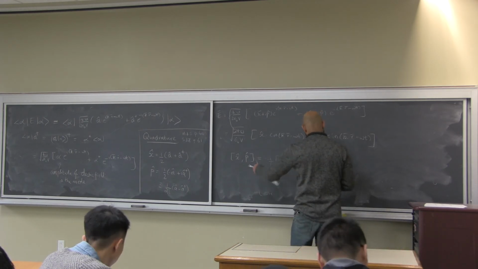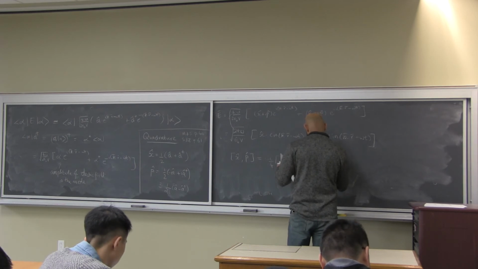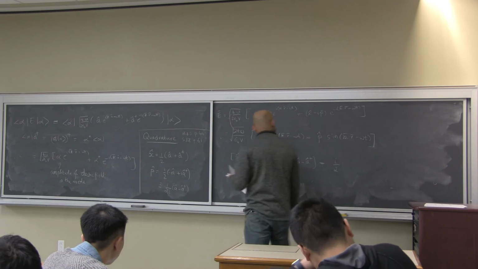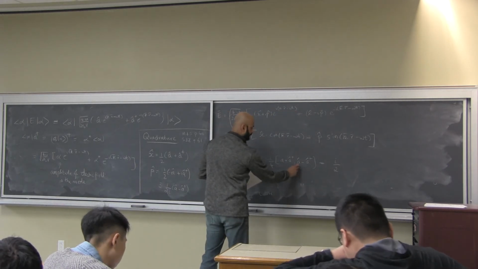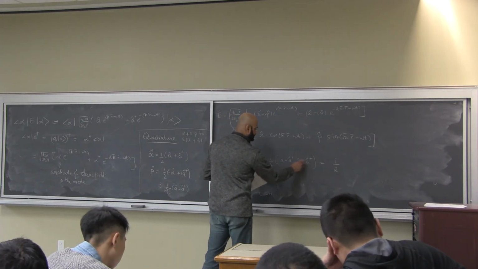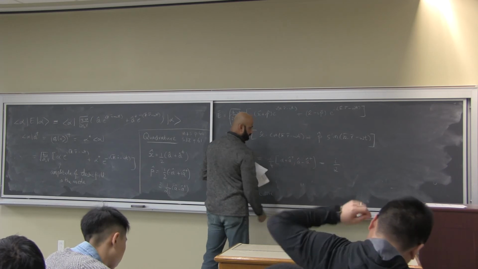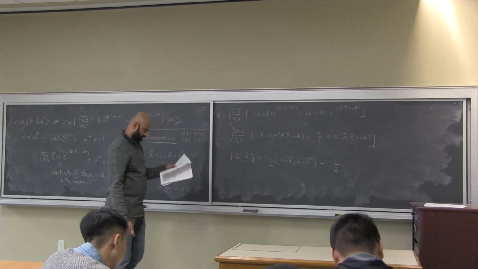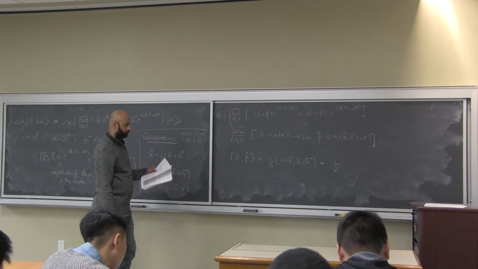I make that minus I and bring it out, and then you can easily show that this is just I over 2. You have a and a, that vanishes, a dagger and a dagger vanishes, and then you have a and a dagger, which is 1, and then a dagger and a is minus 1, and so you get this I over 2.